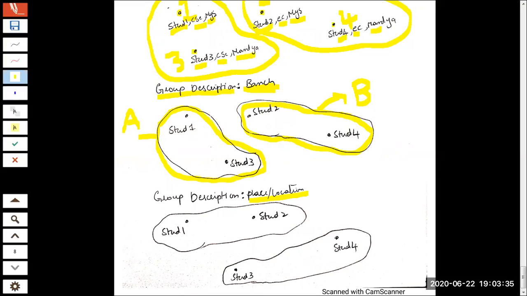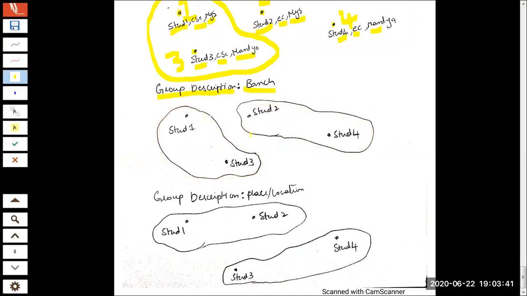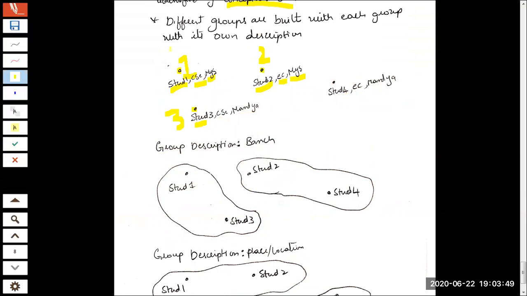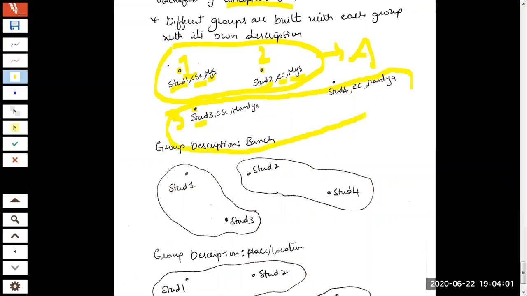So students 1 and 2, who are from Mysore, will be under cluster A, and students 3 and 4, who are from Mandya, will be under cluster B.